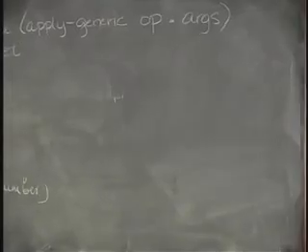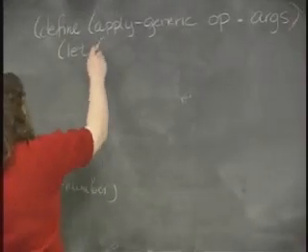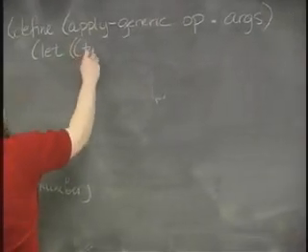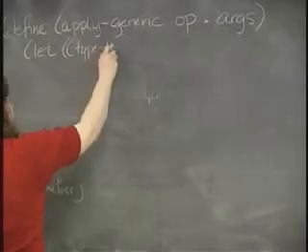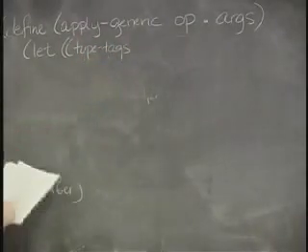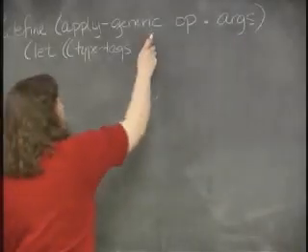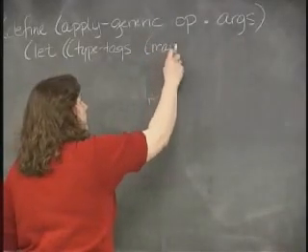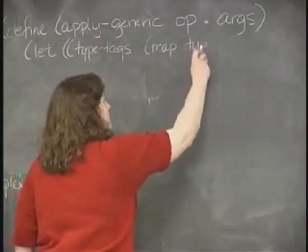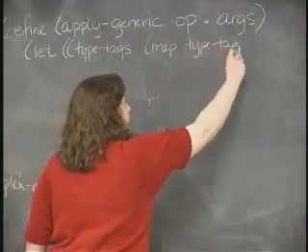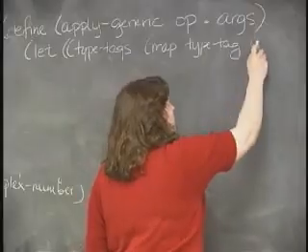So I'm going to have a let. And I'm going to let a variable called type tags be the result of mapping the selector type tag to the list of arguments.